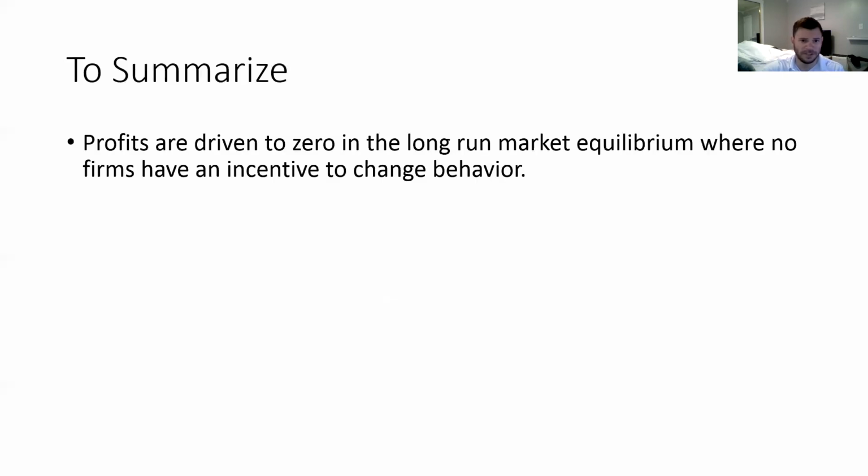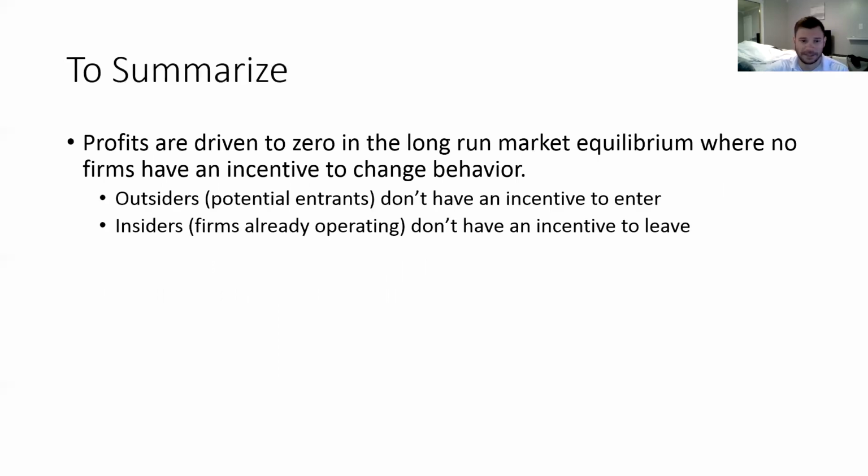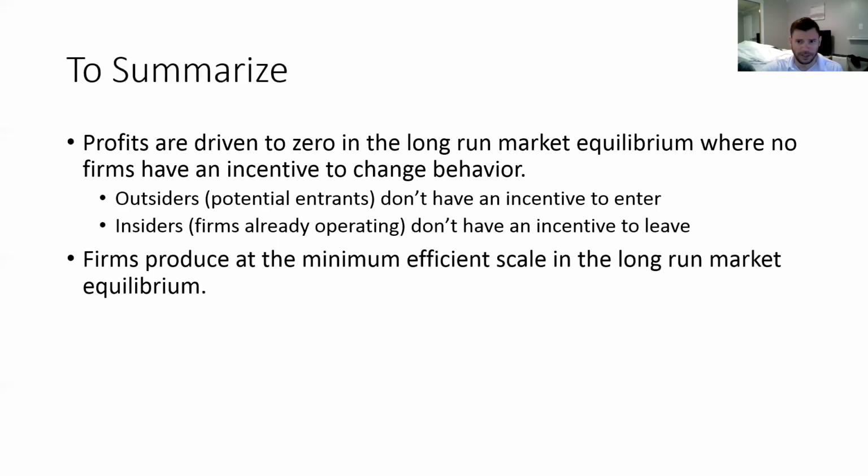So that zero profit equilibrium that we discussed was a situation where no outsiders or insiders had incentives to change their behavior. They were content doing what they were doing because there was no incentive to go in or to leave the industry. In the long run equilibrium, we saw that there was a very nice property in that firms are very efficient in producing at the output level that minimizes the average production cost.